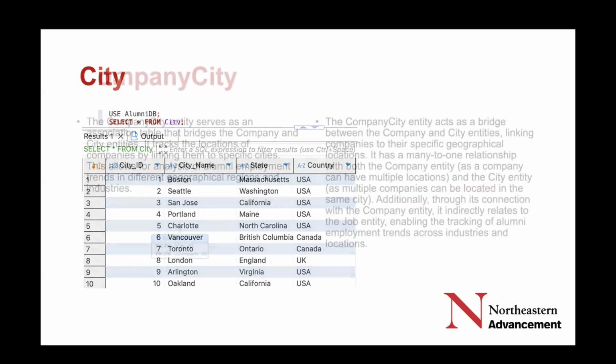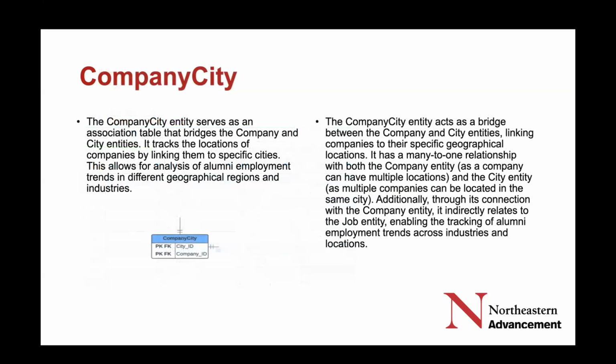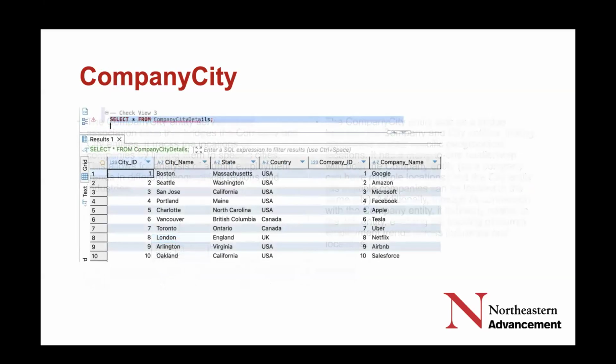Next, please. The last one is company city. This company city table acts as an association or bridge table that connects companies with their specific locations. It establishes a many-to-one relationship with both the company and the city table, because a company can have multiple locations in different cities, and a city can host multiple companies.